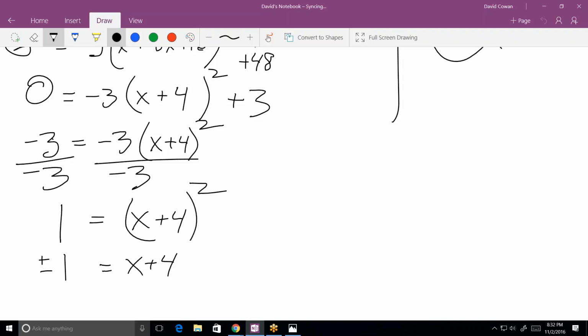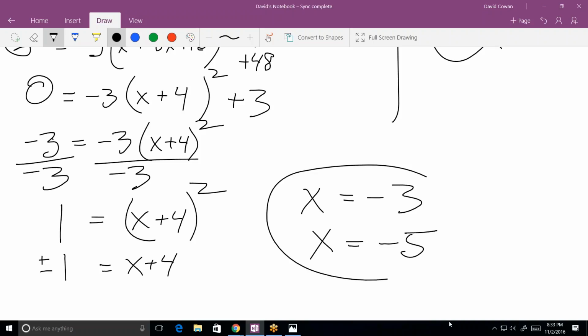I've taken the square root of both sides. Now I'm going to move the 4 over and I'm going to have my two solutions. X is equal to plus 1 minus 4, which is minus 3, or x is equal to minus 1 minus 4, which is minus 5. I have my two intercepts.